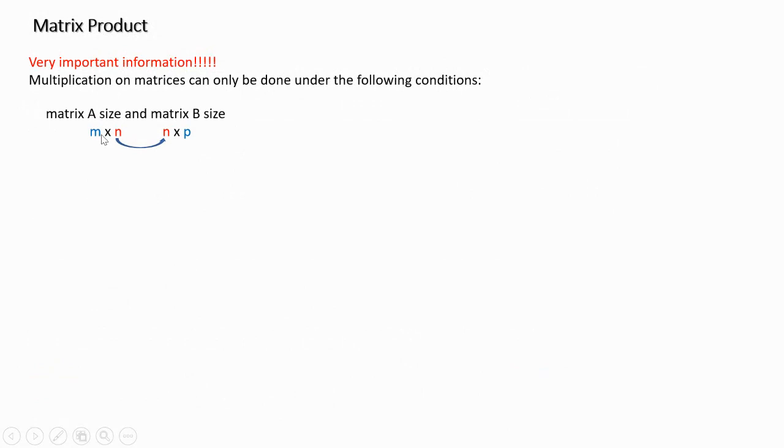So you put the size of matrix A, the first matrix, and then you put the size of the second matrix, the one that's being multiplied to A, and then the two numbers in the middle must match. If they match, yes, it can be done, and if not, it cannot be done. But if they match, then the answer will be an n by p matrix.